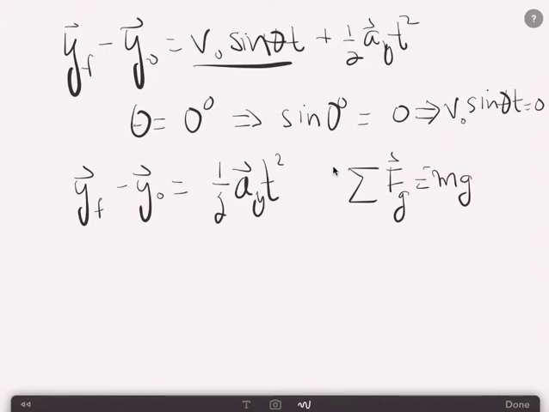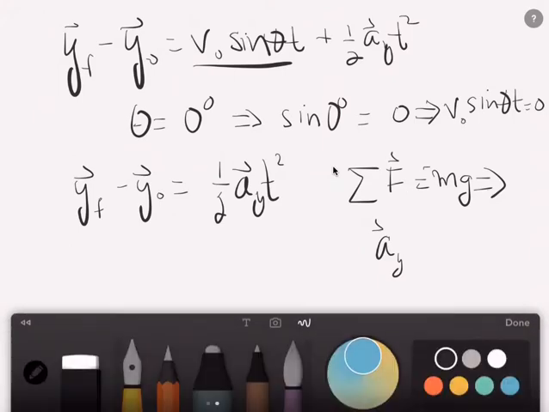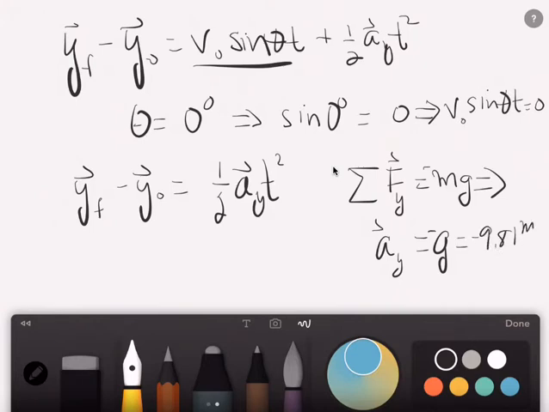So this implies that the acceleration in the y direction is, and you know what, I want to erase this from being g to this being y. So the acceleration in the y direction is just going to equal a negative g. The negative sign indicates that it's going down, so we're accounting for the direction, and g is just 9.81. So this is a negative 9.81 meters per second squared near sea level.